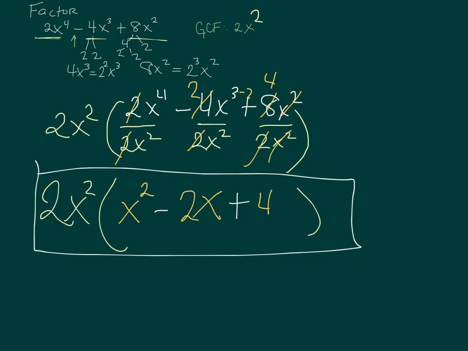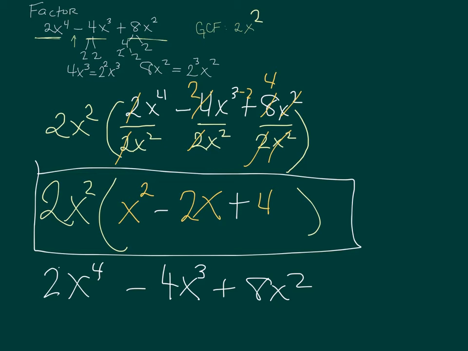So if I do the multiplication, I've got 4x to the fourth minus 4x cubed plus 8x squared. I'm sorry, I did the multiplication wrong. This is a 2. There we go. So this polynomial is the same as that polynomial, which means that I have factored correctly.